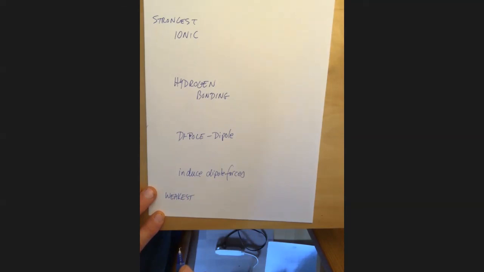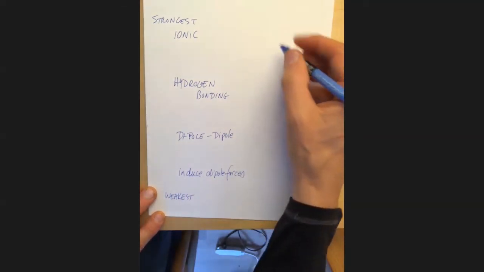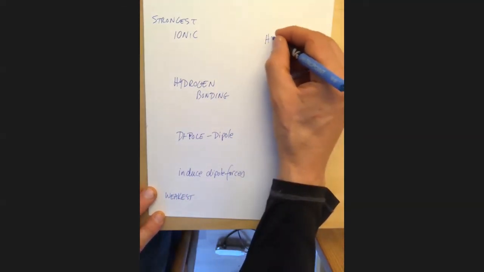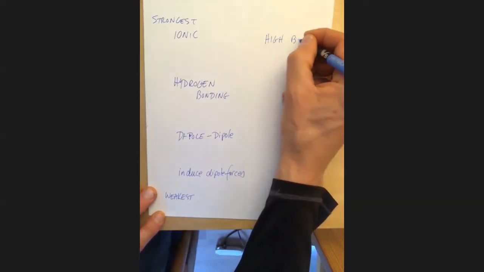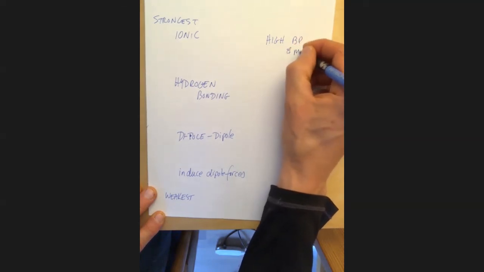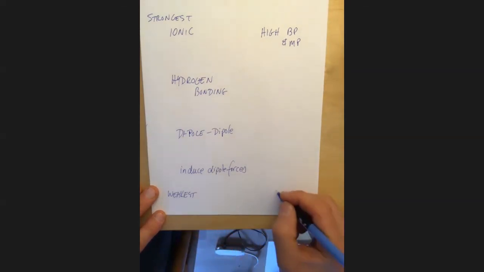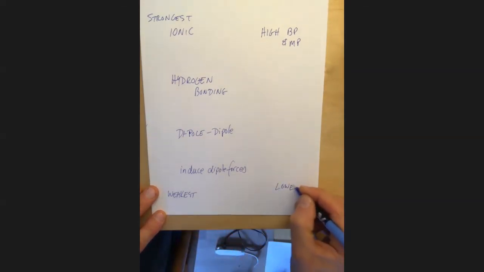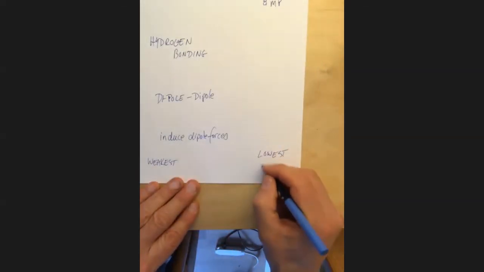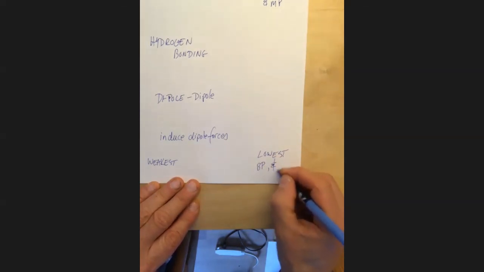And these ones up here will have high boiling points and melting points because they have the strongest forces, and these will have the lowest boiling points and melting points.